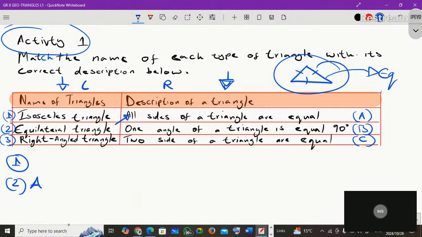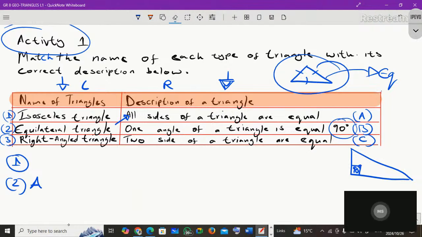Okay. Then we move on to the second description. One angle of a triangle is equal to 90. So now, once you have something that is equal to 90, remember, we have it on a right-angled triangle. When you are having a right-angled triangle, you normally say this angle is 90.